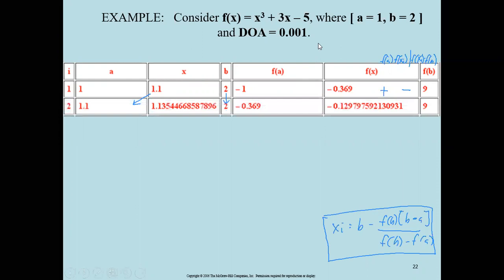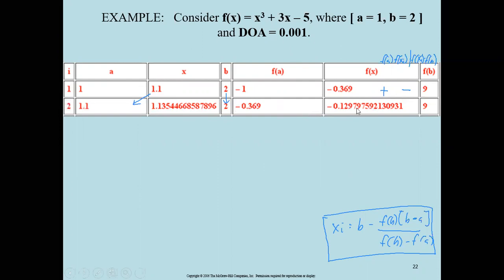So yeah, no? So if we already have the value of a and b, we can now determine f of a and f of b. And after that, we can determine the value of x by using this formula. Okay. Then we can determine the value of f of x by substituting this x to the given function.